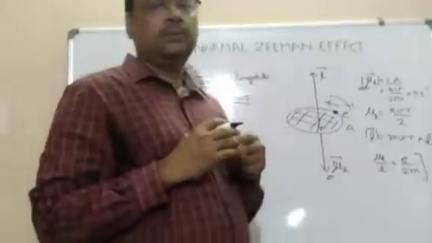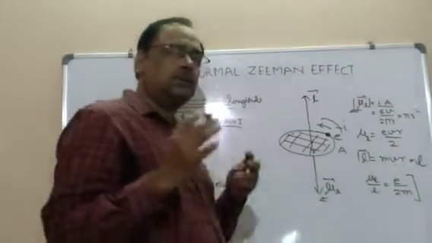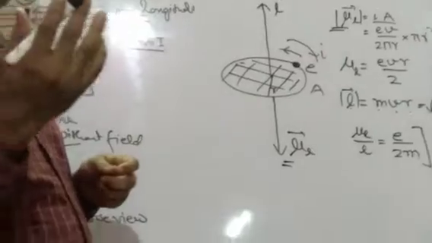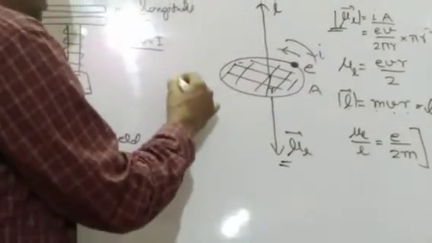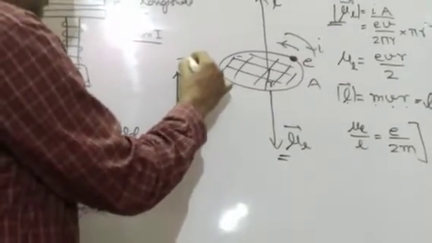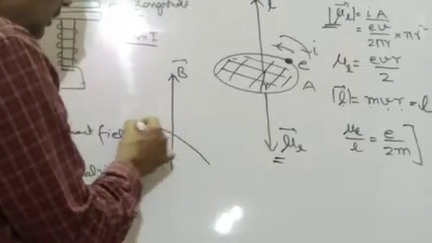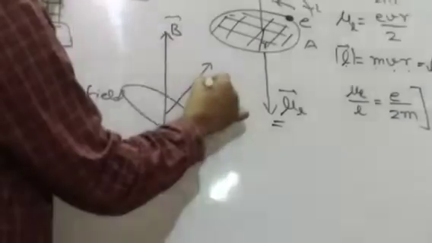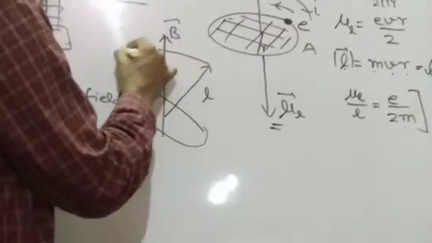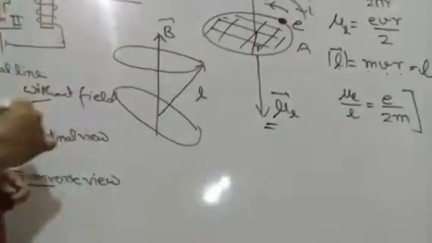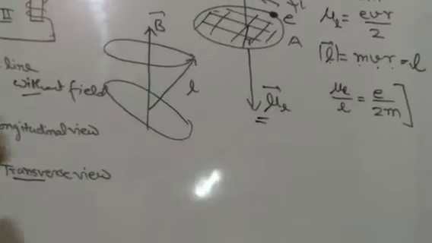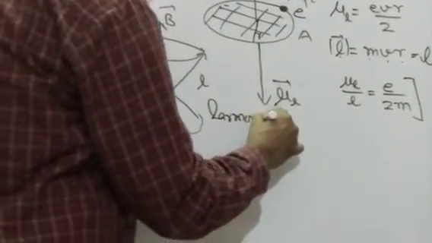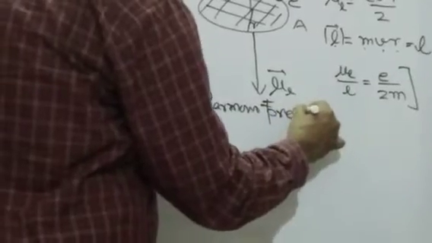Another thing I want to tell you is what happens when we apply an external magnetic field. In the presence of a magnetic field, the orbital angular momentum L precesses around B, which is called Larmor precession.